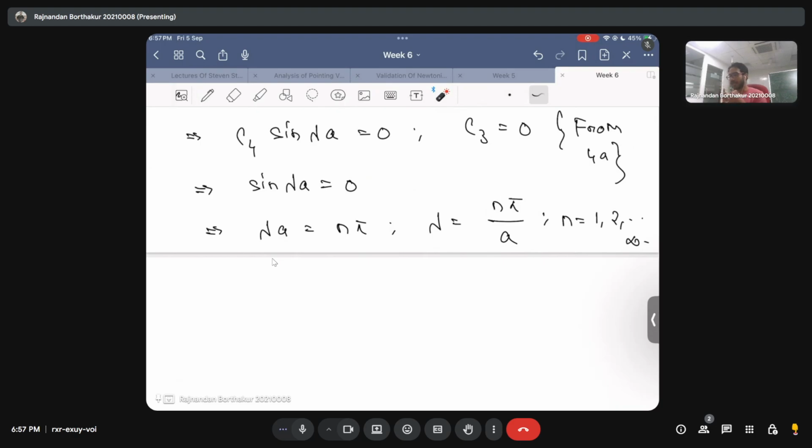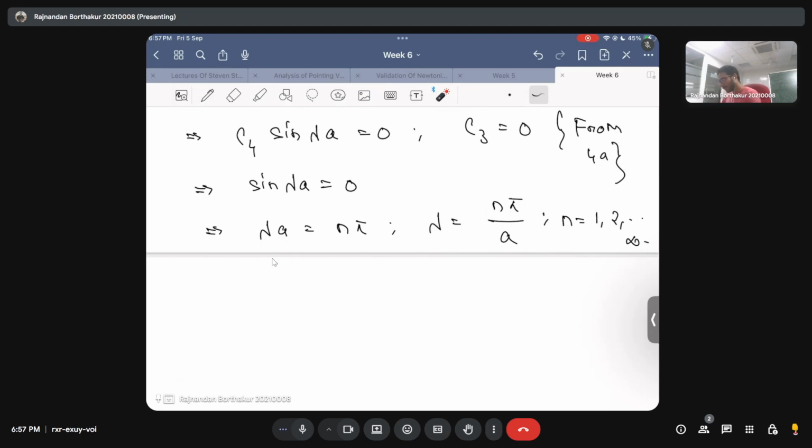The name comes from the fact that there exists a trivial solution, and apart from it there are certain values for which we can get solutions to the governing equation, and those values are known as the eigenvalues. That's why we call this lambda an eigenvalue of this problem.